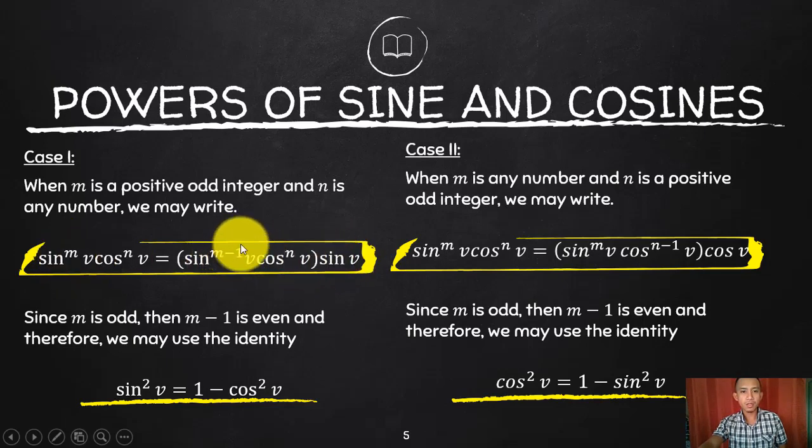So that will be m minus 1, which instead of being odd will now become even, and is now transformable using this identity to make every trigonometric function inside a cosine function. Using this identity, we make everything inside cosine, and then outside you have the sine, so that you can just make use of your power rule.